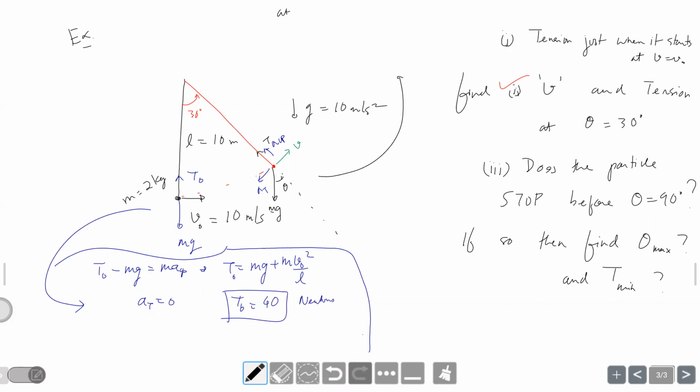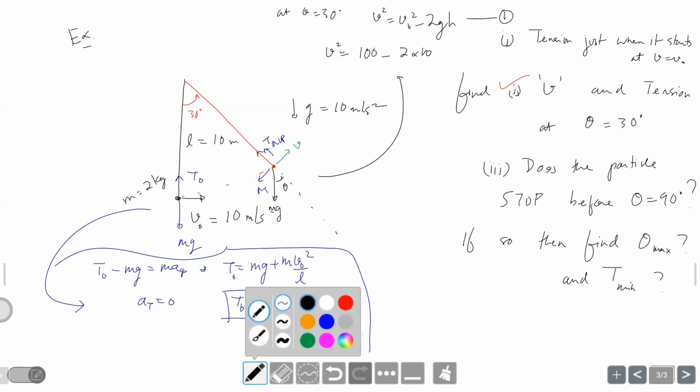So at theta equal to 30 degrees, first of all, we will use work energy. So we have V square equal to V naught square minus 2g h, which is coming from work energy. So V square here will become 100 minus 2 into 10 into h.